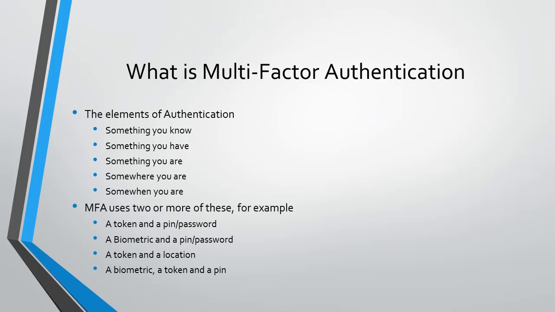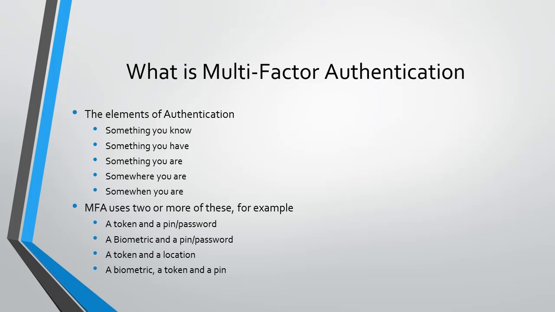In its most basic form, two-factor authentication is performed by selecting two elements from a list of possible factors. The traditional factors are something you know, something you have, and something you are. In other words, a password or PIN, a soft or hard token, and a biometric like a fingerprint.